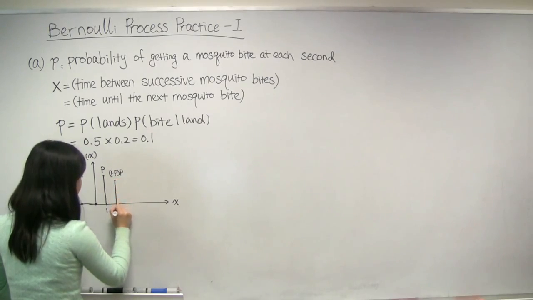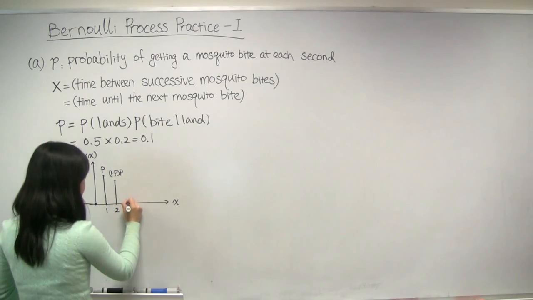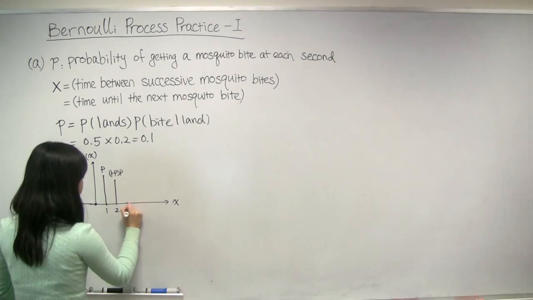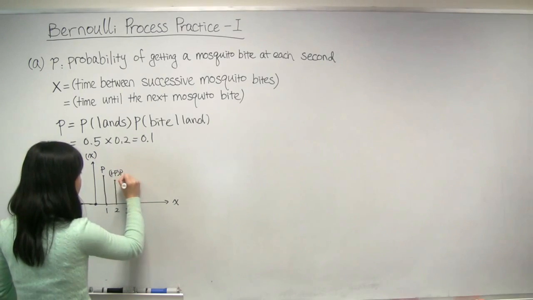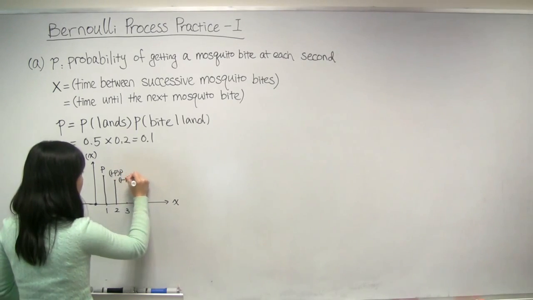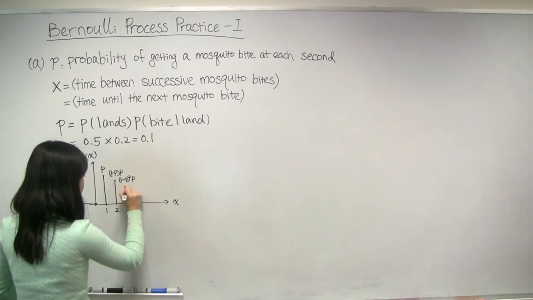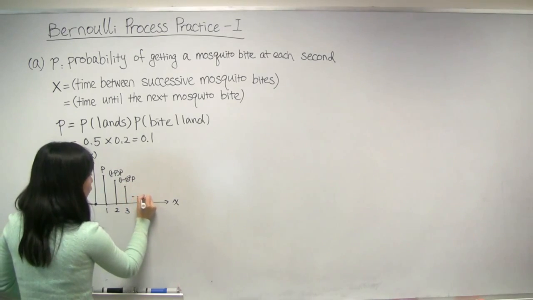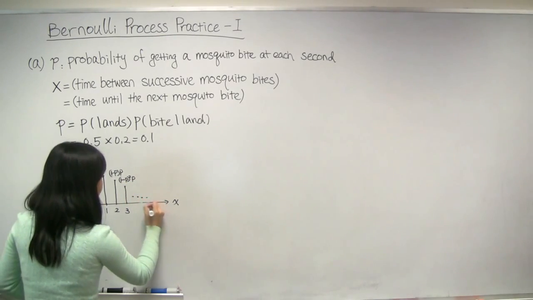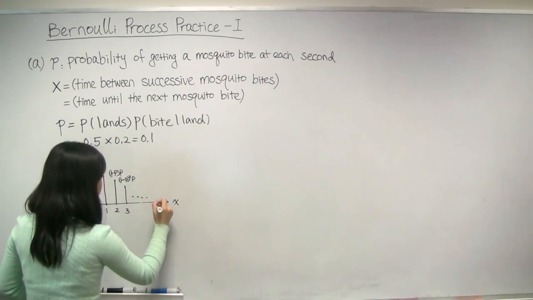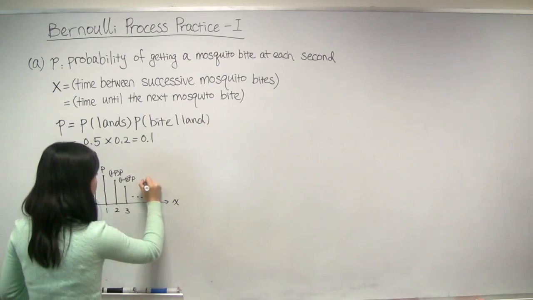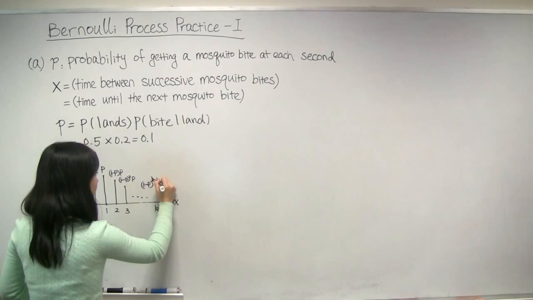And for x equal to 3, the probability that it takes 3 seconds until the next mosquito bite is equal to (1 minus p) to the power of 2 times p. Similarly, for x equal to k, the probability that it takes k seconds until the next mosquito bite is equal to (1 minus p) to the power of k minus 1 times p.